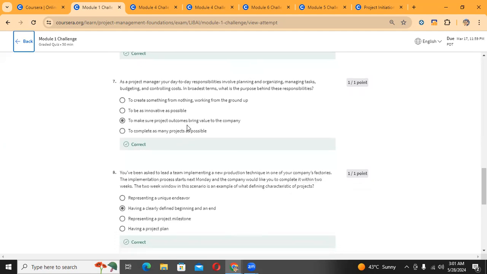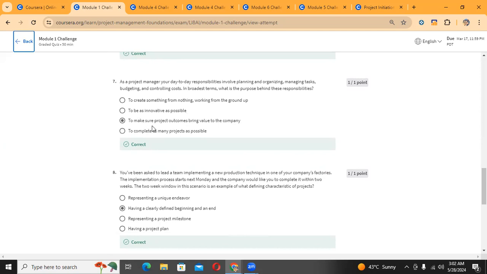In the seventh question, the ultimate purpose of project management responsibilities, like planning, organization, and budget, is that the project outcome brings value to the company.